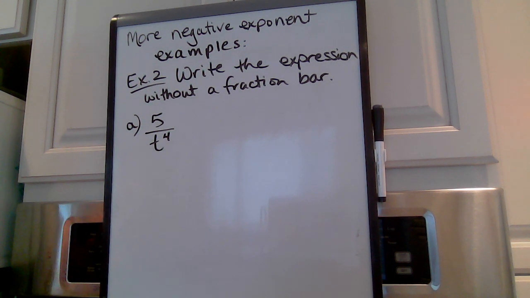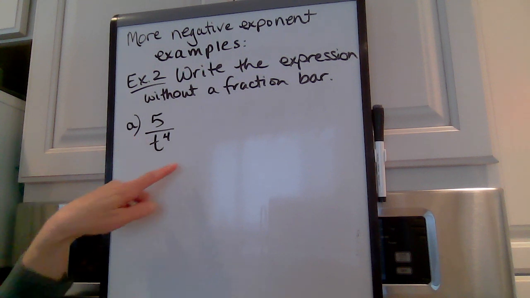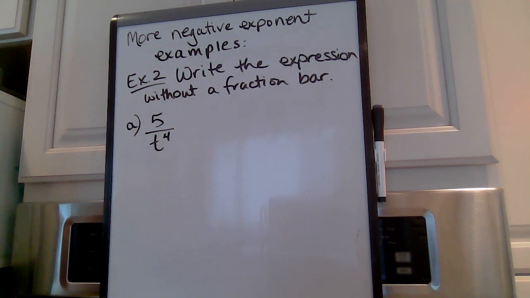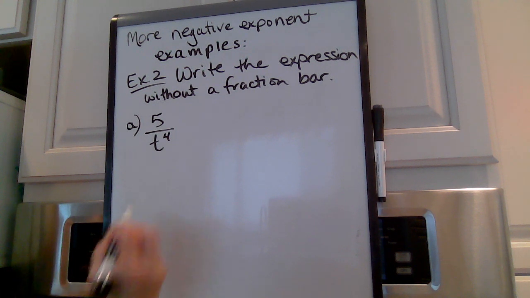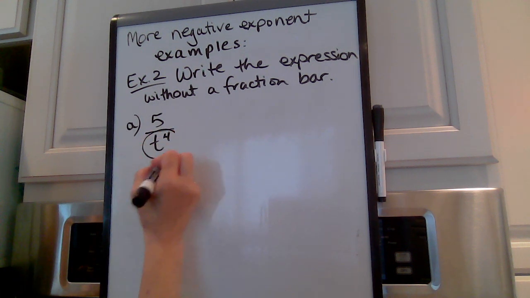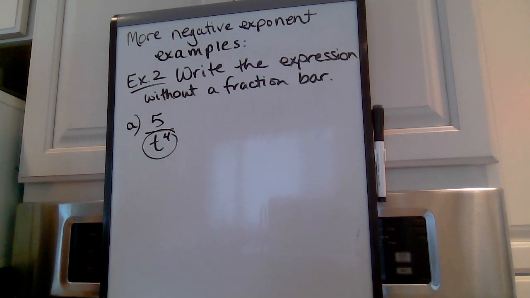So if we wanted to get rid of this fraction bar, that means we need to take everything that's in the denominator out of the denominator and move it to the numerator. Right now, this is a positive 4. That tells you the t belongs in the numerator. It's right where it belongs. So if we move it to the numerator, we need to represent that it is not where it belongs anymore.